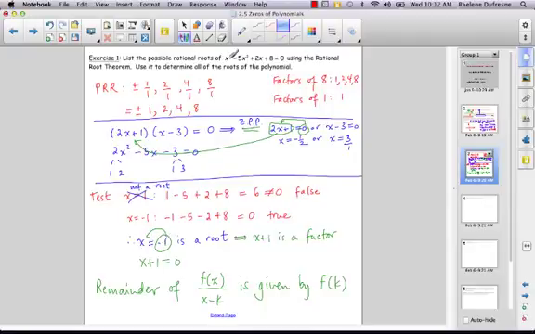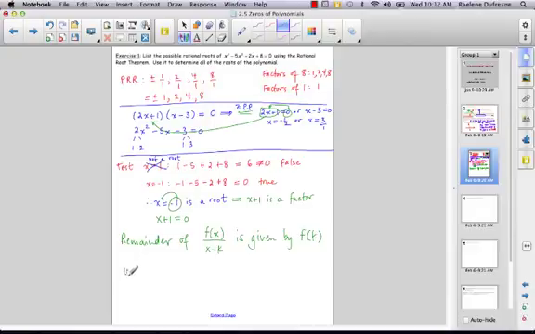When we substitute negative 1 into the function, we got 0. So that 0 is saying that the remainder is 0. And when the remainder equals 0, we have a factor. So now what we know is that x plus 1 divides evenly into the polynomial.